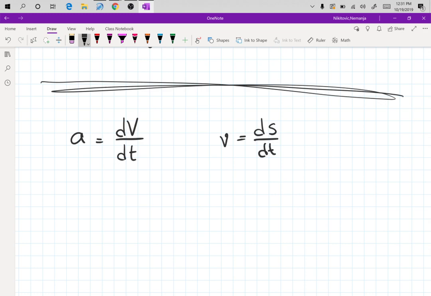I'm not even integrating at this point, so we have a equals v, equals ds over dt over ds, and then times dv.